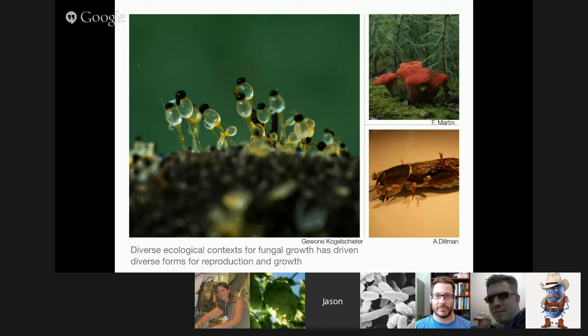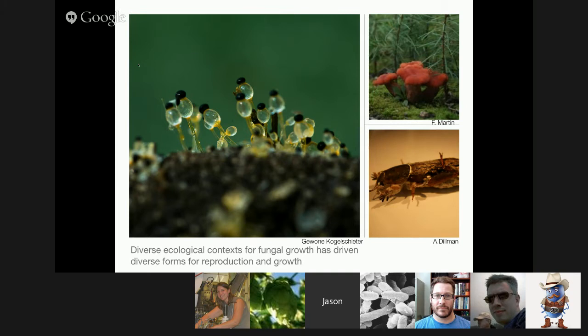You can see on the top right you have mushrooms, and again that's a specialized multicellular structure that is formed for sexual reproduction, and the height of the mushroom in some cases is to enable spores to be wind dispersed, while other ones there's actually specific plans for digestion of the mushroom so that the spores can be spread in a different way. So there's really interesting differences among the different species within the kingdom, and I think that's quite interesting.